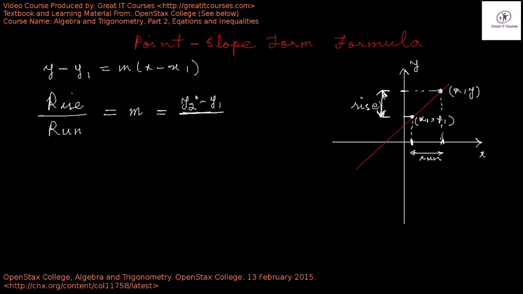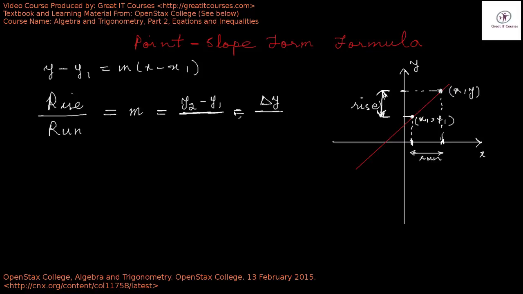We call one of them point 1, and the other one point 2. Then the y coordinate of point 2 becomes y2, the y coordinate of point 1 becomes y1, and you write y2 minus y1 as your rise. You can write this, by the way, as delta y.